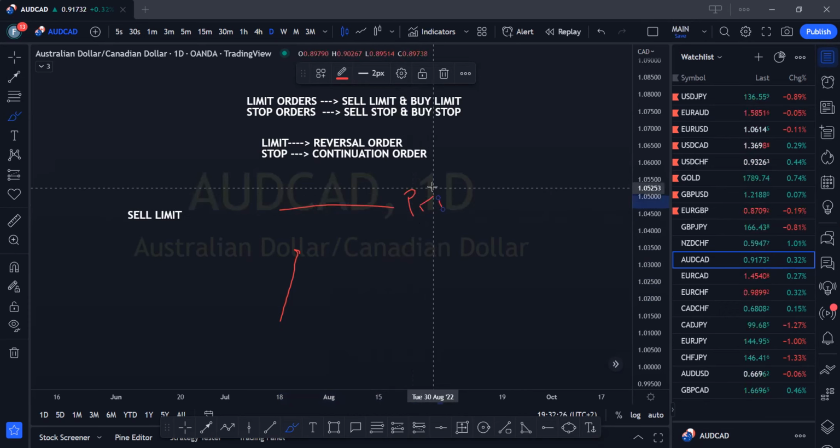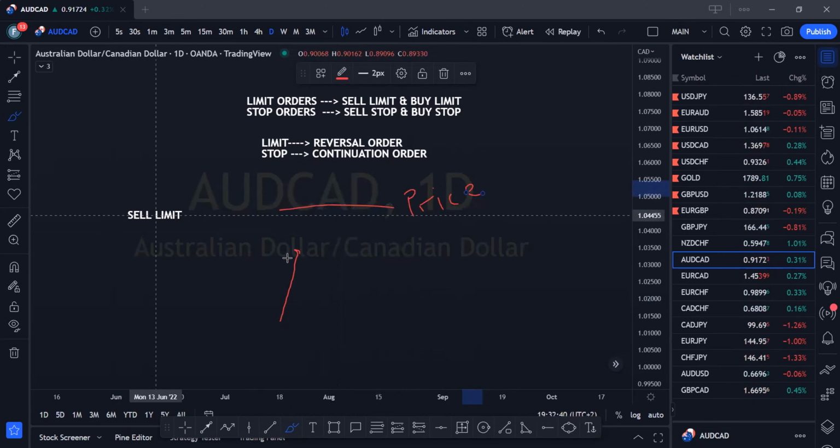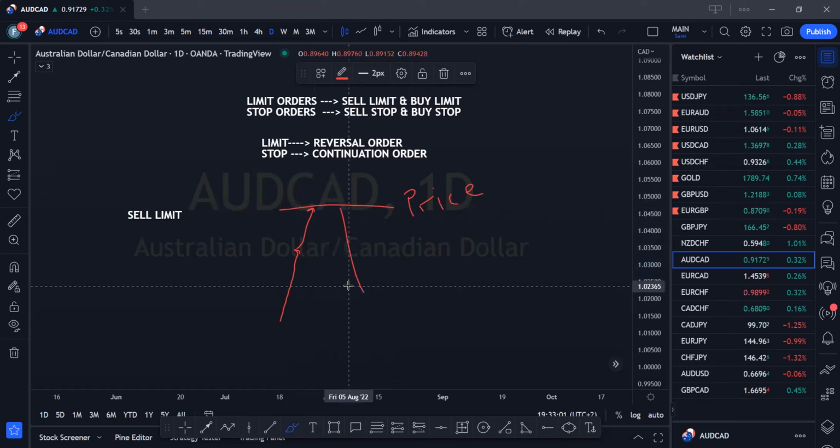And the beauty of pending orders is that once you set it, even if you are not online, the system will take you into the trade as soon as price gets to your pending order, right? So for sell limits, you want to enter for a sell at this price. You are telling the system that when the exchange rate moves up and touches this price at the top, I want to be entered into the market for a sell.